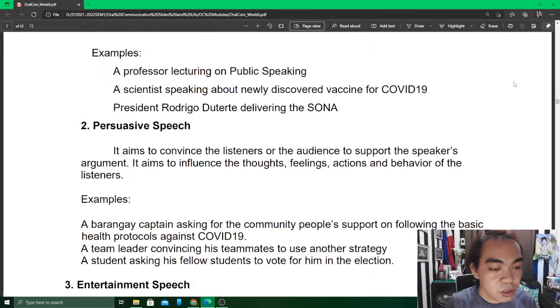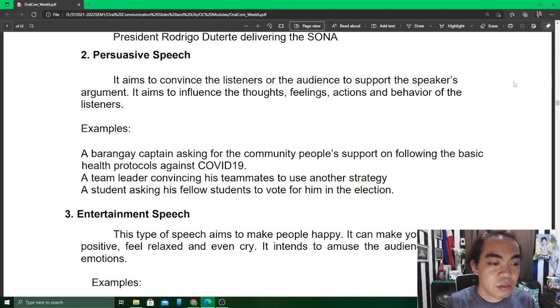Second, persuasive speech. Persuasive speech aims to convince the listeners or the audience to support the speaker's argument. In persuasive speech, the speaker persuades you to agree or disagree with a particular topic, to influence the thoughts, feelings, actions, and behaviors of the listeners.